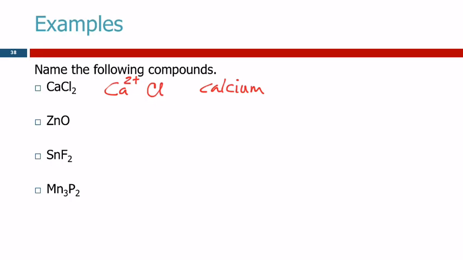What does chlorine do as an ion? What's the charge on it? -1. It's in group 7A. 7 minus 8 is -1. So this is the chloride ion. The name of it, chlorine, change the ending to "ide." And so this is calcium chloride. Any questions?